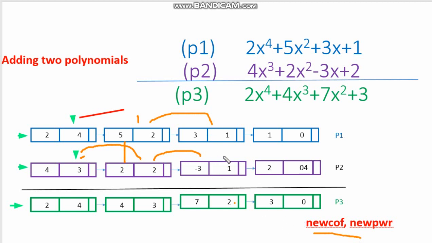So this term need not be created, and here again both will advance. Here again, I told you this is not 4, sorry, this is 0, powers are equal, then 2 and 3 are added. That is how it works. It's almost like merging. Once the list is there, it will proceed.